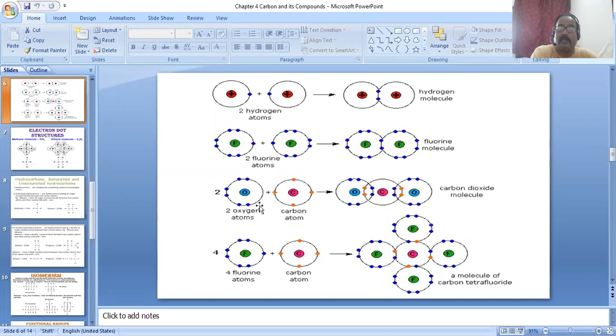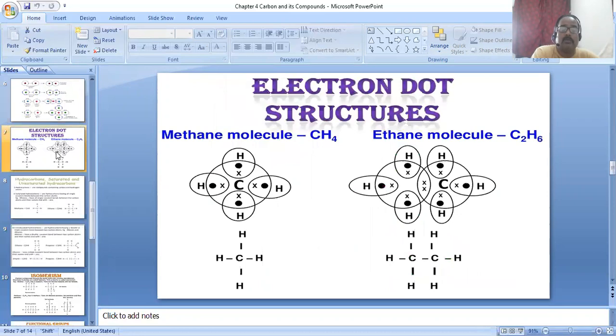The valence electrons are combined with each other, like the examples of hydrogen or fluorine or carbon and oxygen, meaning carbon dioxide, the formation of molecules, and also carbon tetrafluoride. So now today our topic is electron dot structure.